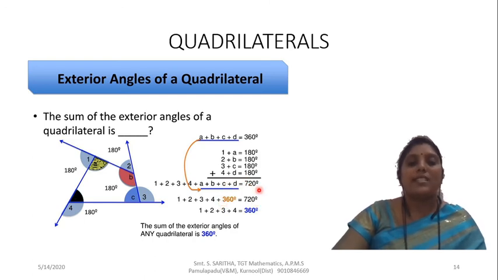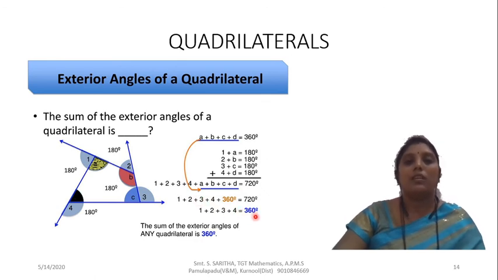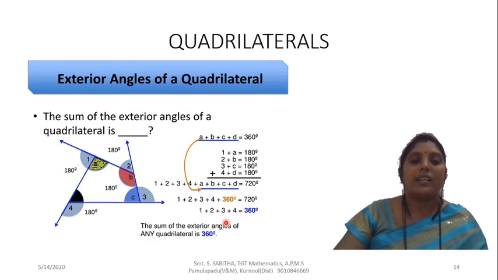Now taking this 360 to the other side, I will get 720 minus 360, again 360 degrees. So angle 1 plus angle 2 plus angle 3 plus angle 4 is equal to 360 degrees. That is, the sum of 4 exterior angles in any quadrilateral is taken as 360 degrees.